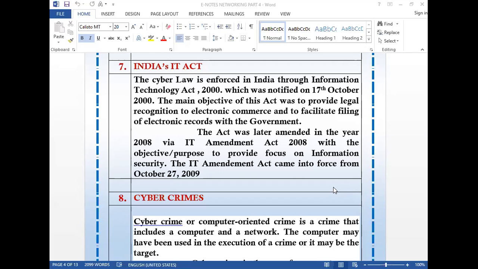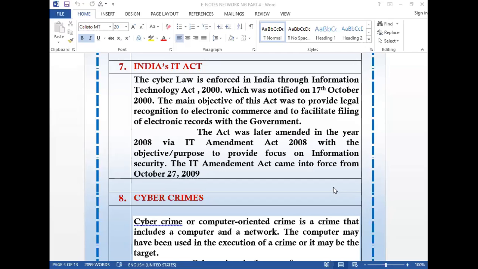Basically, people hesitate to do online shopping because they have the risk of fraud, the risk of misuse of debit card information, the misuse of credit card information, right? It may happen the payment has been done, but the product has not been delivered. Or if the product has been delivered, the product is not of good quality.